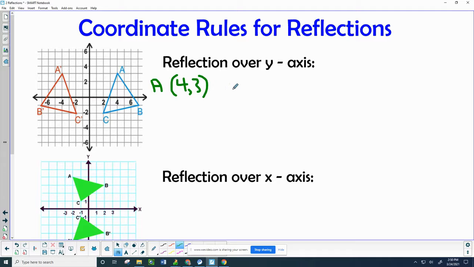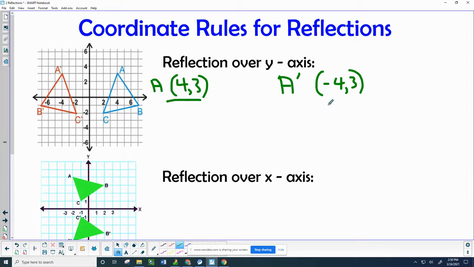Now, our next point after we've reflected it is called A with a little markup here that we call prime, is the word that they use for that. So what are our new coordinates? They are negative 4 and 3.